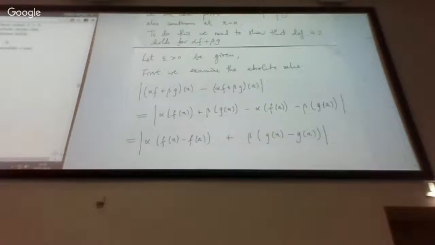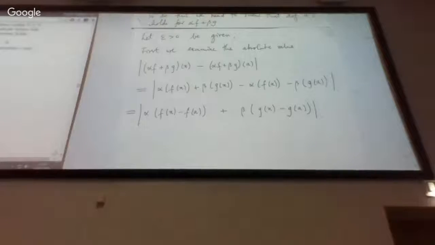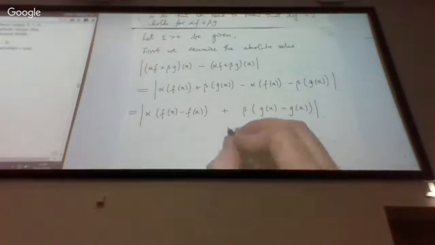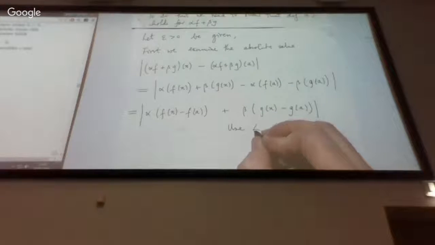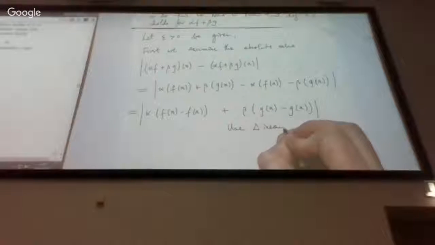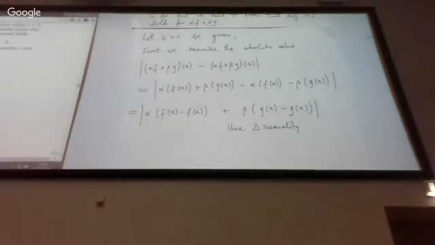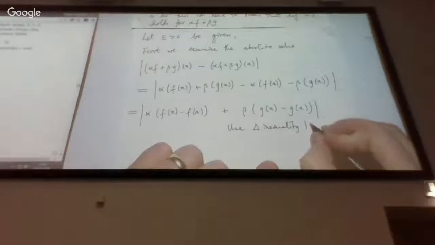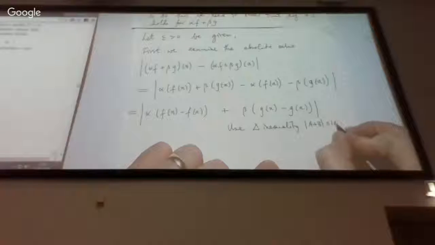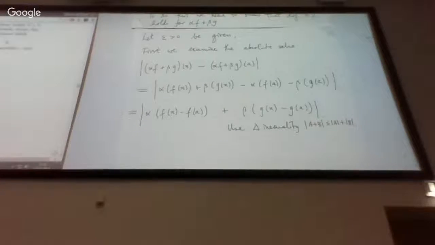And then a crucial step here is in applying the triangle inequality. Okay, we mentioned the triangle inequality last time before Christmas. Now we use the triangle inequality, which says the absolute value of A plus B is always less than or equal to the absolute value of A plus the absolute value of B.